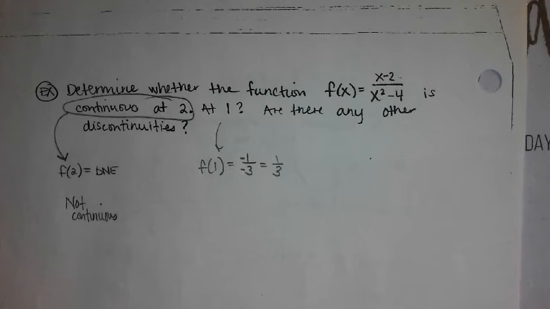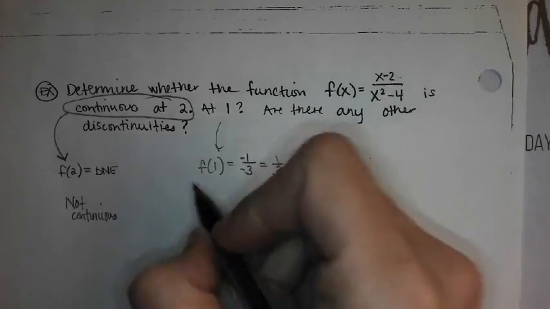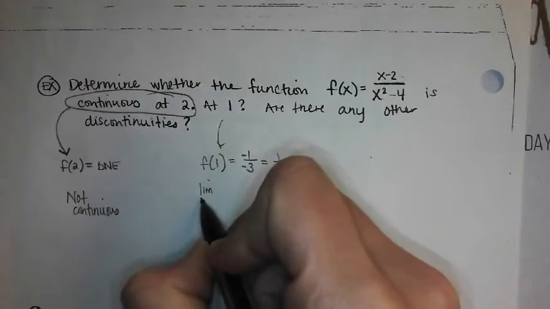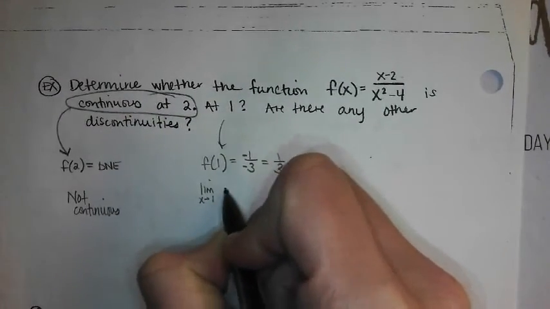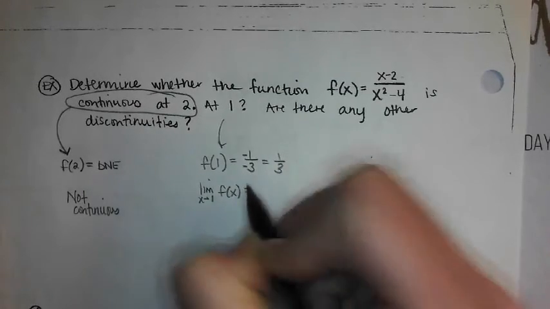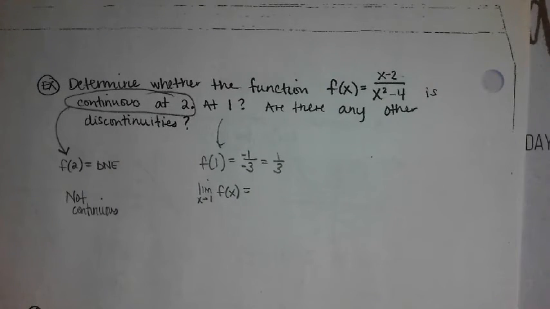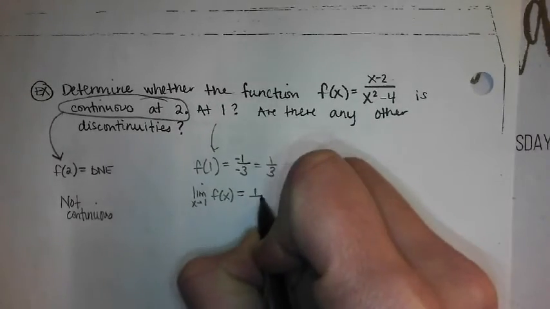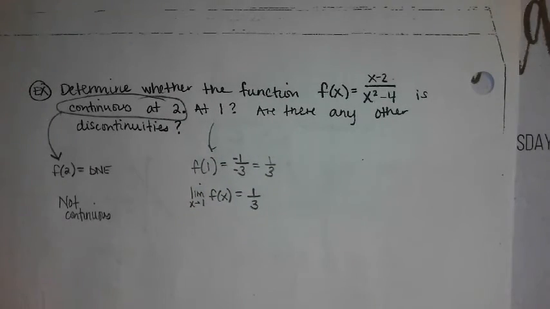Now again, by the nature of rational functions, if we look for the limit as x approaches 1, 1 is not an asymptote and not a hole, and even if it was a hole, direct evaluation should work, yes? So you would directly evaluate and get 1/3.